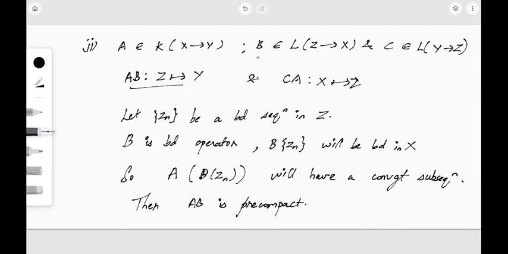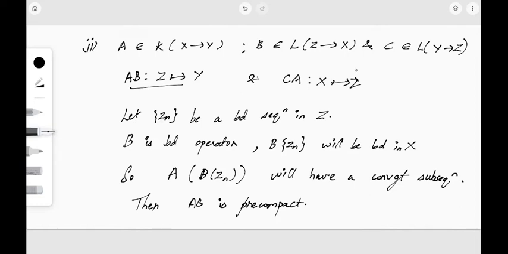And where will B of Zn lie? B of Zn will lie in X. So we have got a bounded sequence in X, which is B of Zn. Now A is a compact operator from X to Y and B of Zn is a bounded sequence in X, and since A is compact, A of B of Zn will have a convergent subsequence, thus AB is pre-compact.